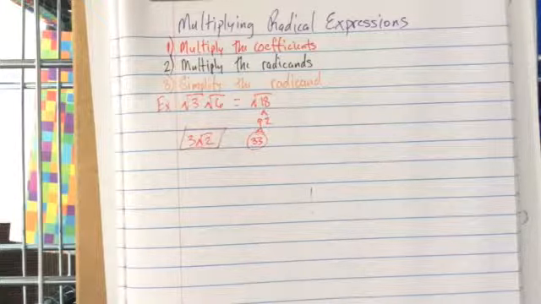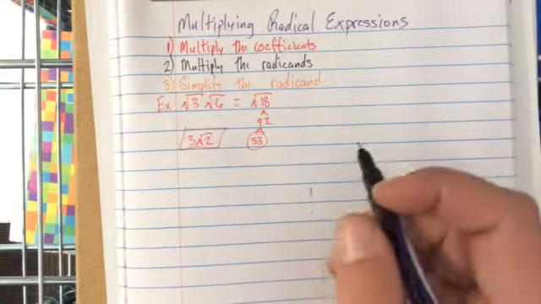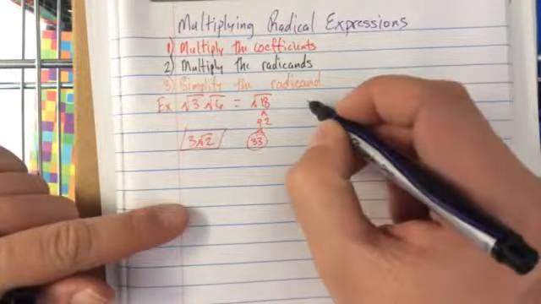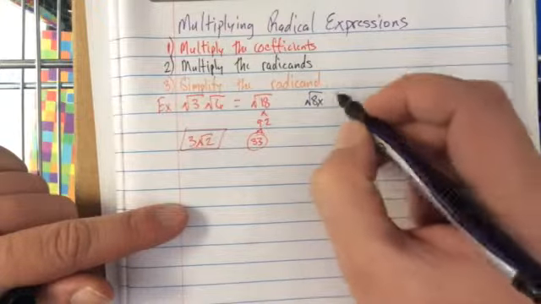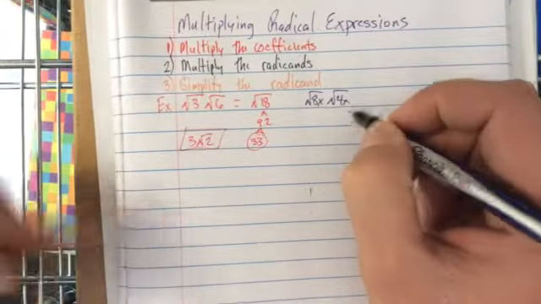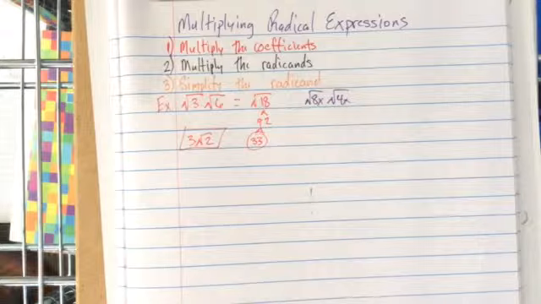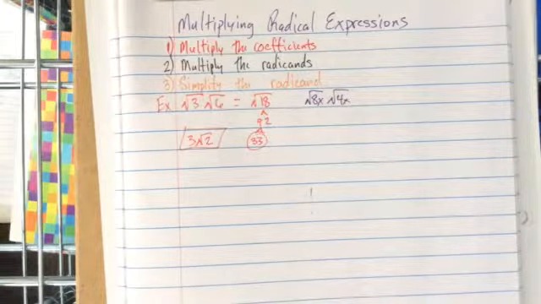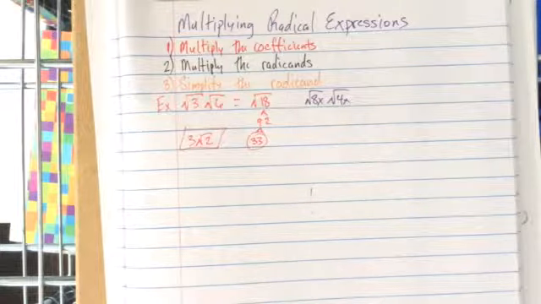Let's look at another example. Let's say we had the square root of 8x times the square root of 4x. What is that going to look like? What are our coefficients? Zach? Our coefficients are 1 and 1. What are our radicands? 8x and 4x.